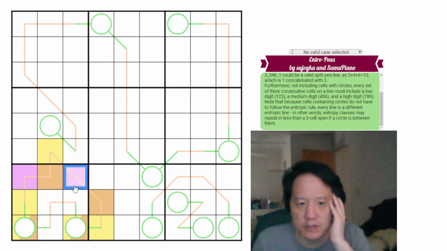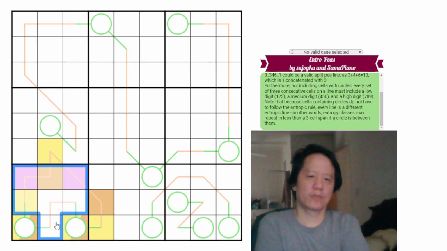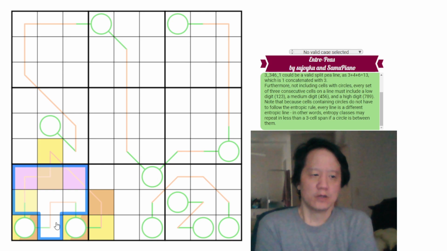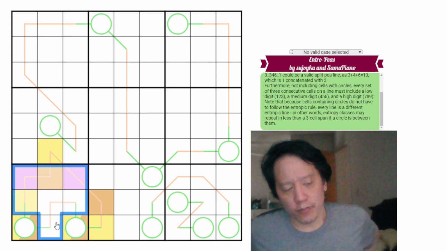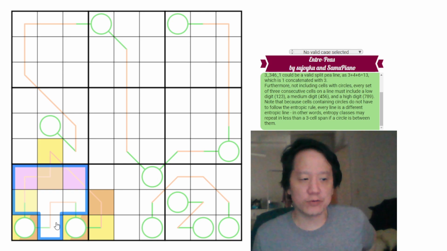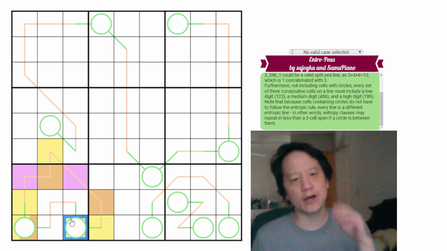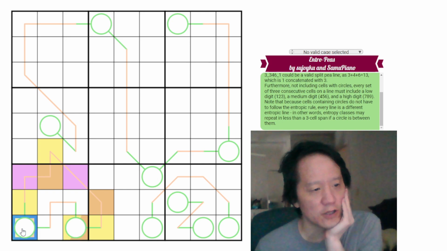What could these add up to? So you have 3 right now, right? 3 has to go to 1 or 2. So 1 or 2 has to be in one of these. So that means low is either yellow or orange.